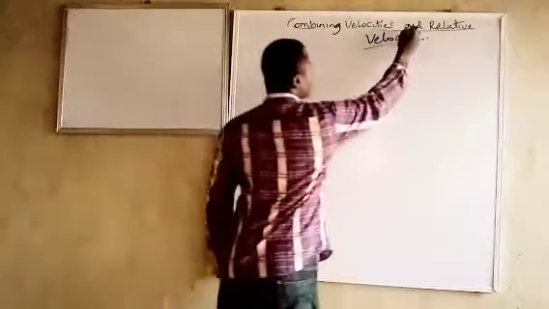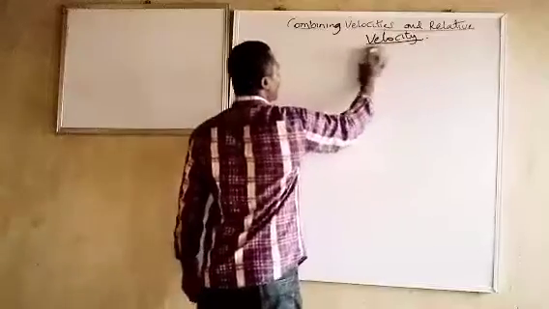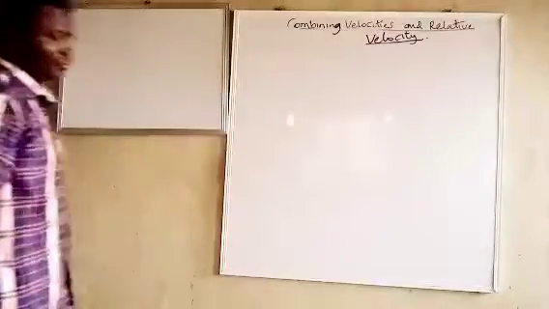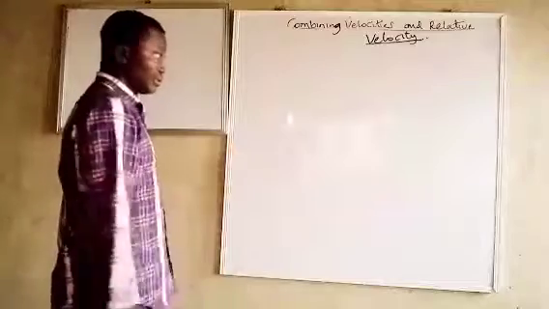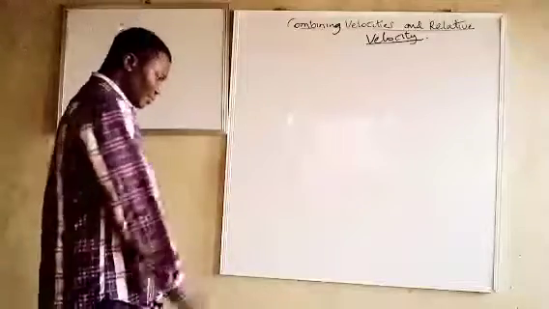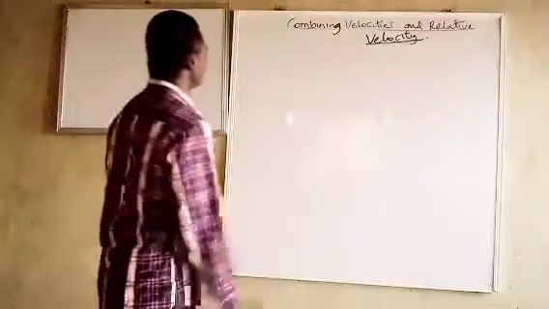But in this instance, we are talking about relative. What do we mean by relative? Relative means we are comparing positions of two things. Let me give you an example now.